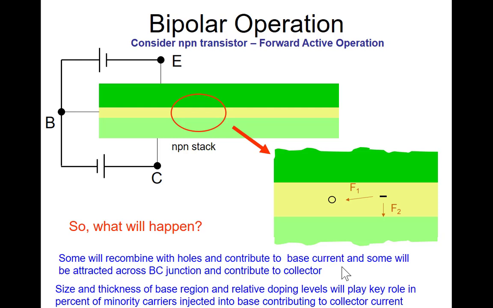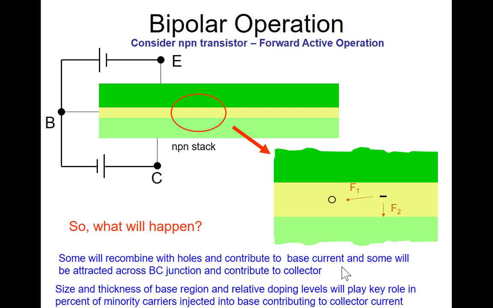Conceptually, we can probably get some idea about what we would want to do to make this structure have a high percentage of the minority carriers become collector current. If you make that base region real thick, then they'd have a lot of time to recombine with holes and exit as base current.